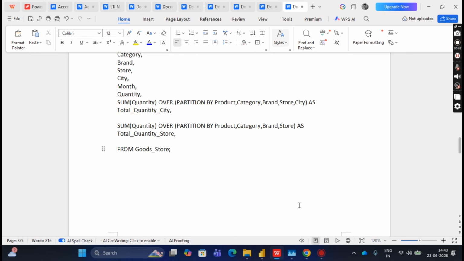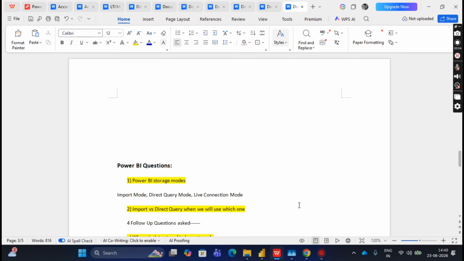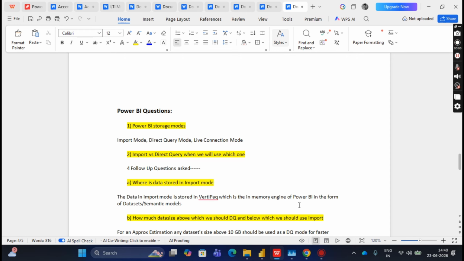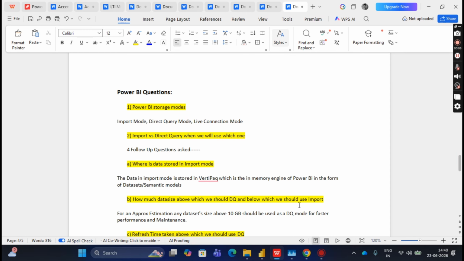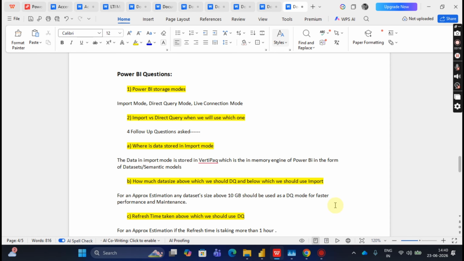So coming to the Power BI question, the first question which was asked was, what are the different Power BI storage modes? So the answer is import mode, direct query mode and live connection mode. The next question is import versus direct query mode, and when we will use which one. So there are some criteria you should tell: for direct query mode, when the amount of data is very large, we should be going for direct query mode.